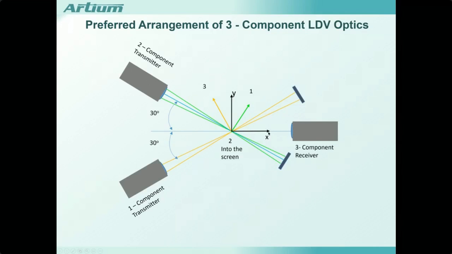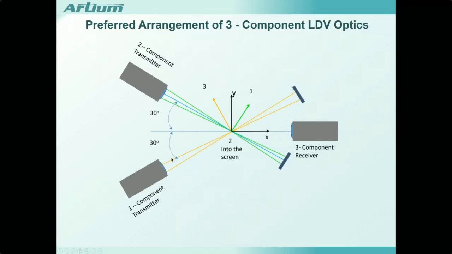So what that provides is a receiver detecting scattered light at 30 degrees from the forward direction for these 2 pairs of beams, and from that pair of beams. We have color separation optics in the receiver, and that's used to separate the various velocity components.